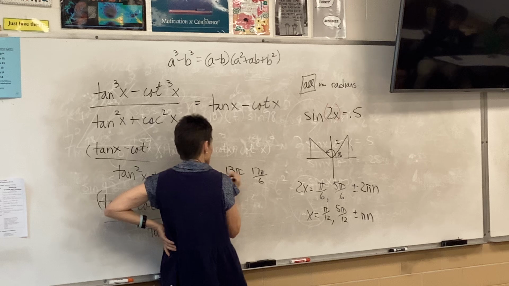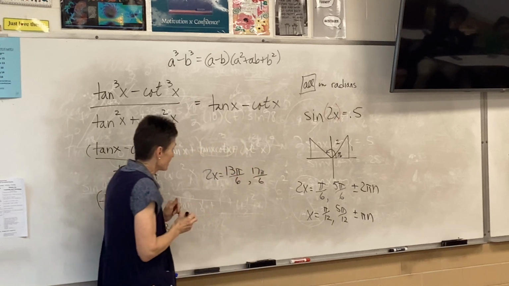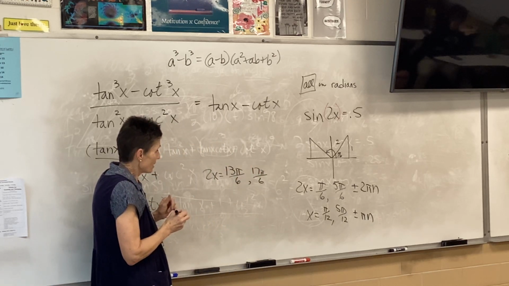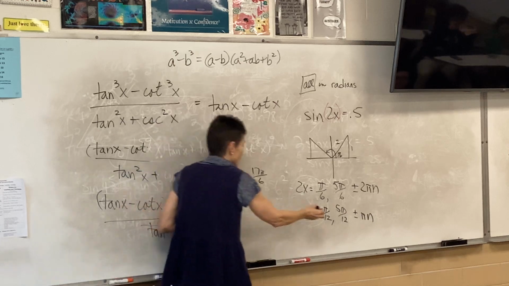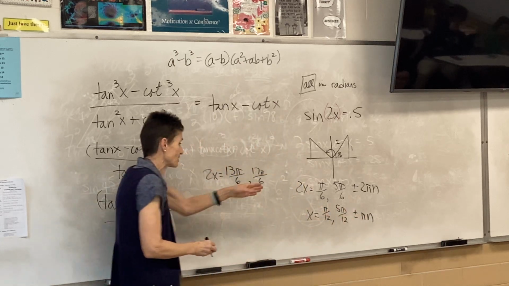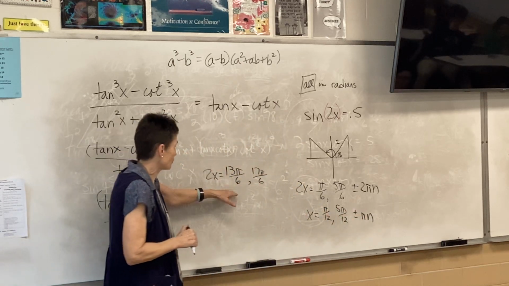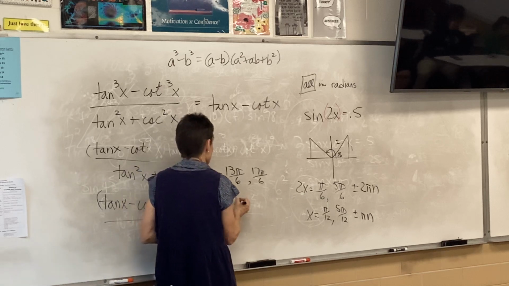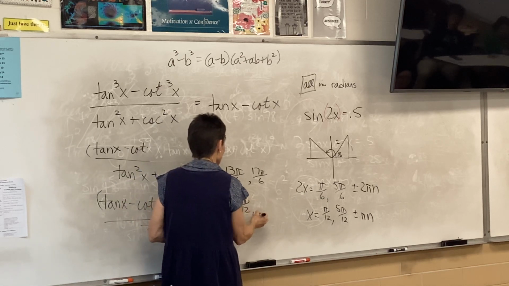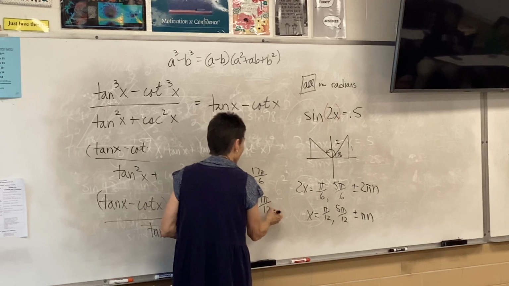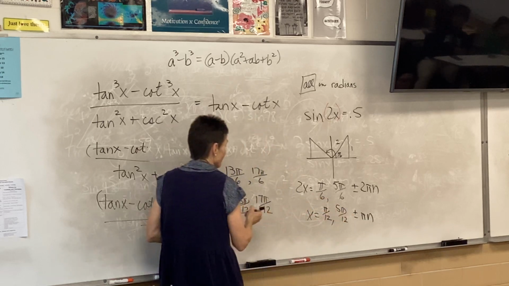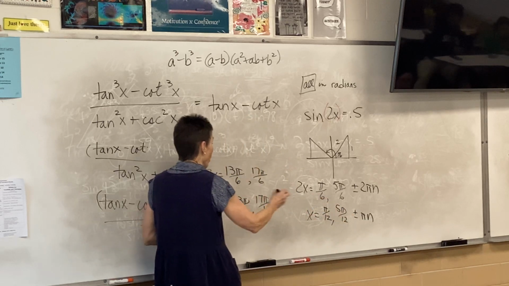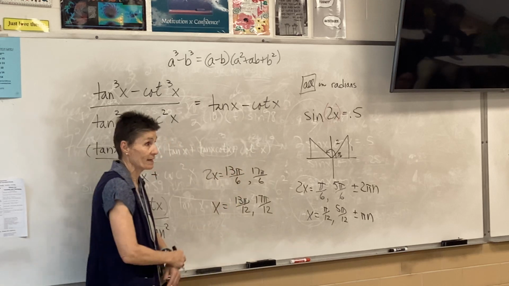Those are the other 2x values. But if I divide, it's included there, so that's good enough. But you can also do it this way and list 13 pi over 12, 17 pi over 12, these two plus or minus 2 pi n. All of those plus or minus 2 pi n.